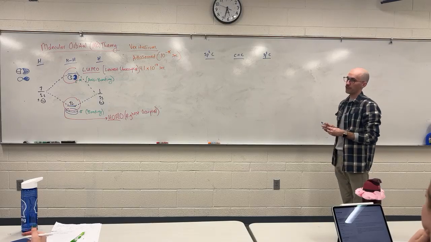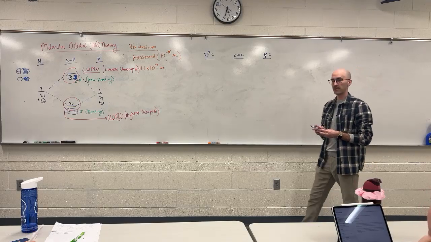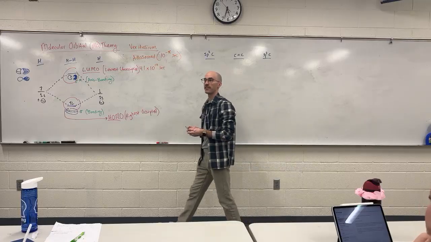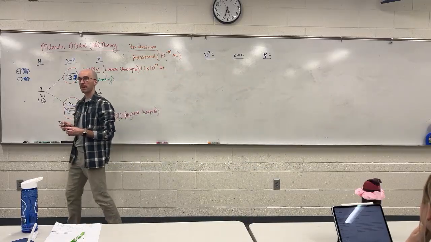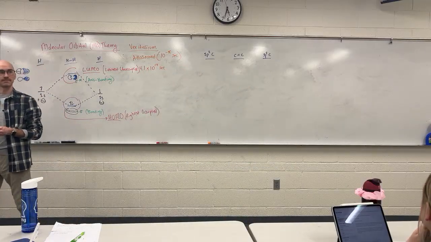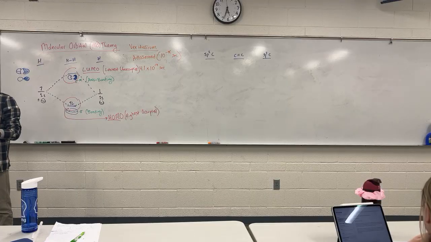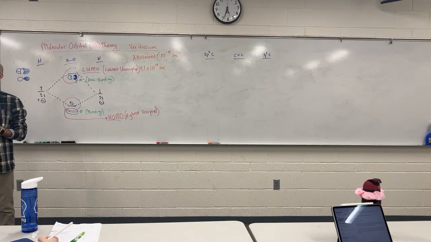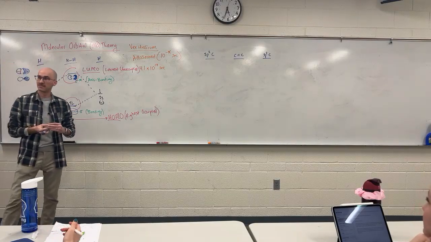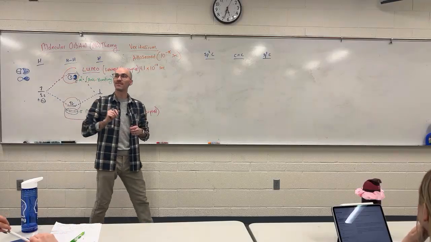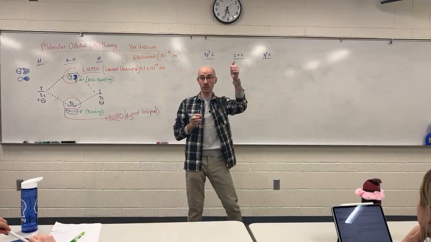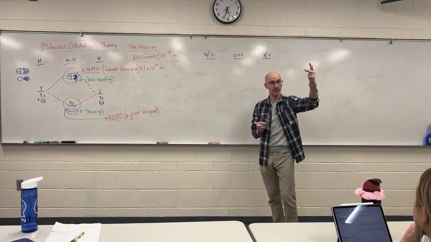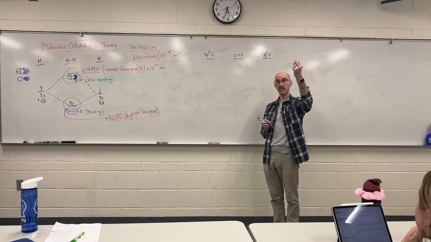How many of those sp2 hybridized orbitals does the sp2 carbon have? No, not one. 3. Because it used s, p, and p, and so it needs to get out 3 orbitals.